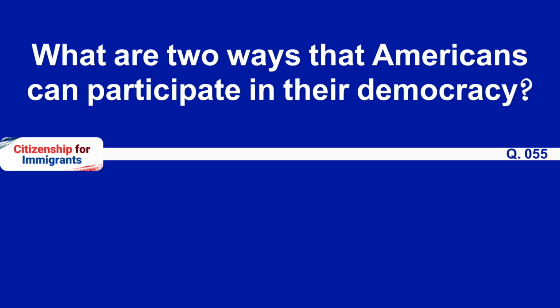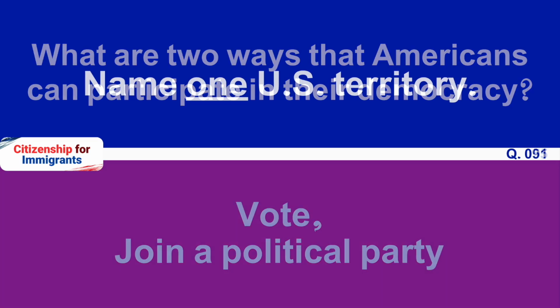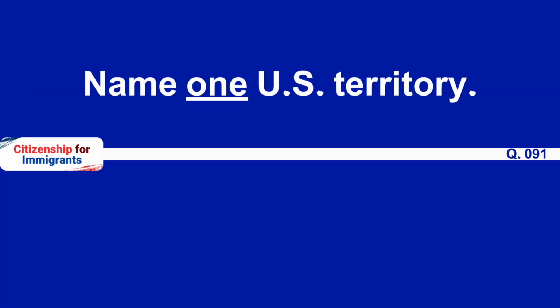What are 2 ways that Americans can participate in their democracy? Vote. Join a political party. Name 1 U.S. territory.